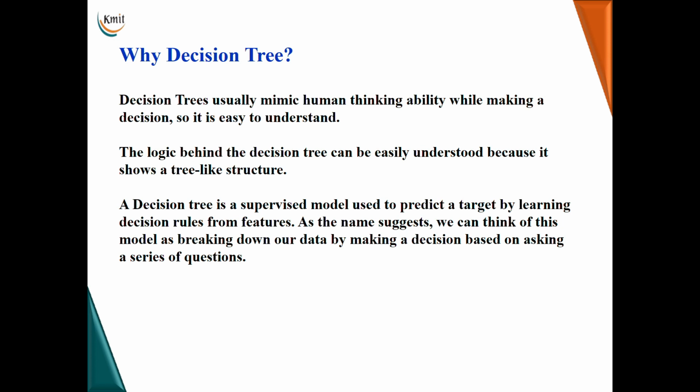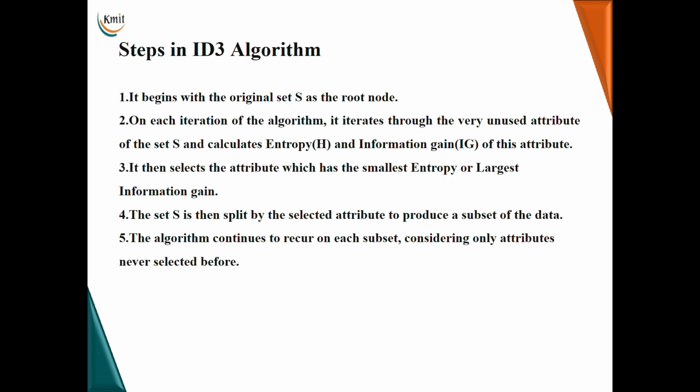As the name suggests, what are we doing? We are breaking down the data we have and taking a decision out of it. Next, in general, you have different steps. Basically, we build a decision tree in two ways: one is the normal decision tree, and one uses the ID3 algorithm.